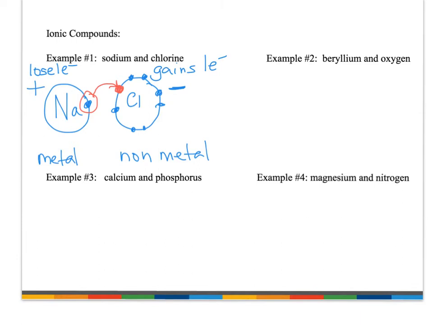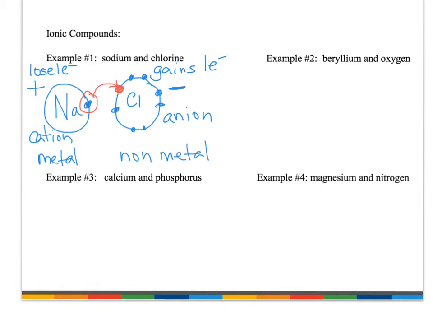Now to build on to the terminology, when an atom becomes positive, it has a special name called a cation. And when an atom gains an electron and becomes more negative, it's called an anion. And it's the cation and the anion that, when bound together through an ionic bond, create a compound.